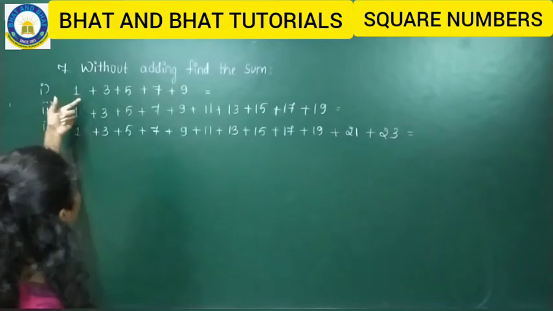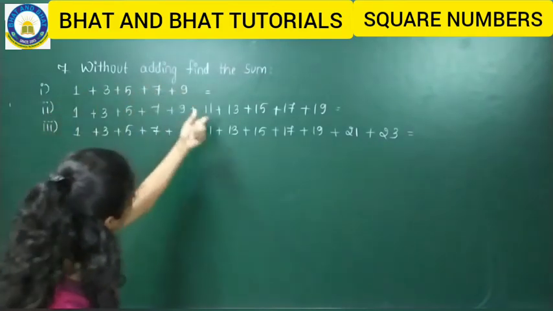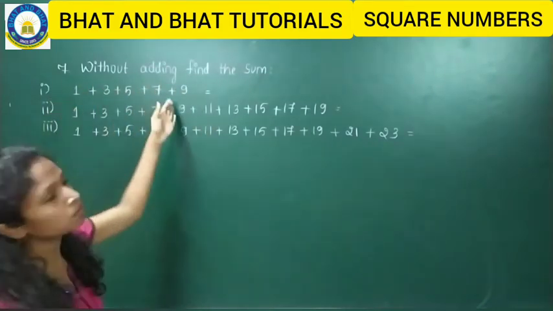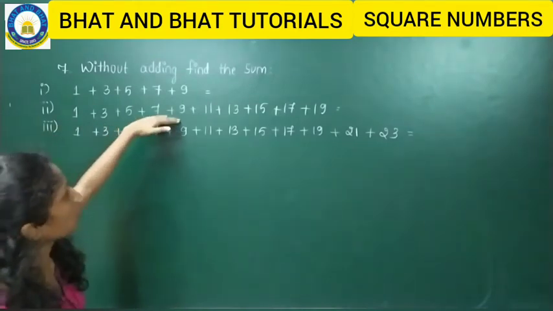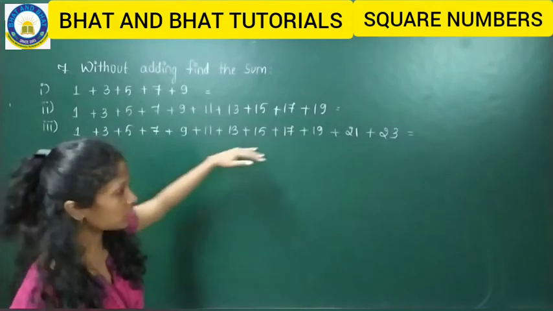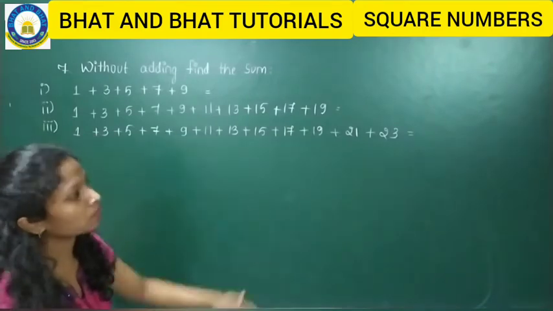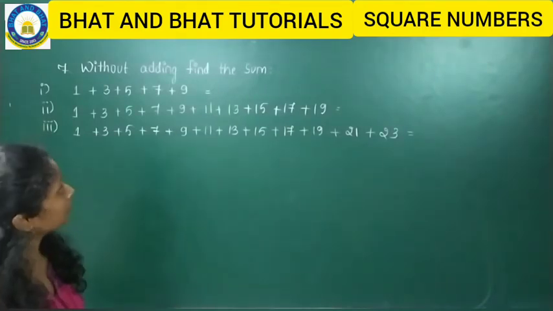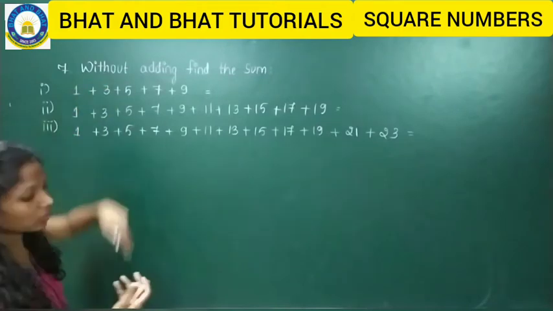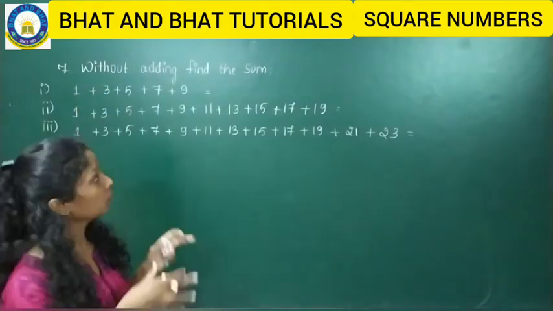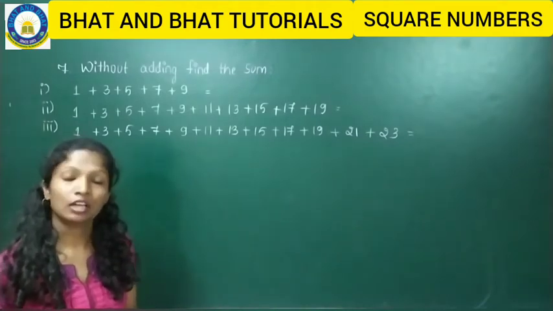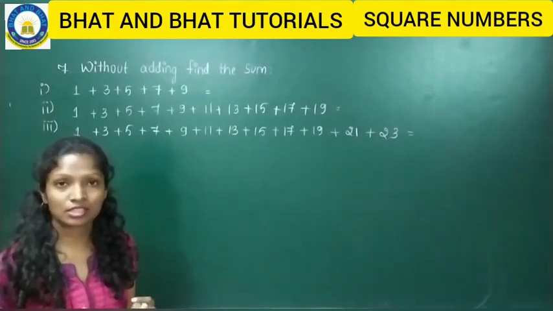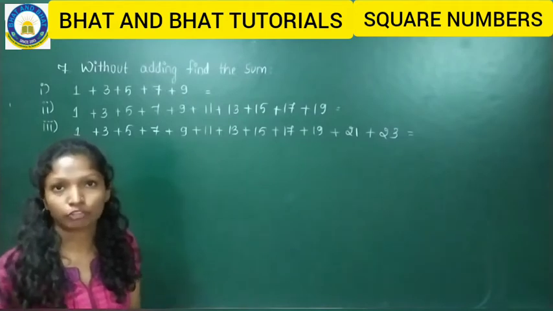In the first one, 1, 3, 5, 7, 9, all are odd numbers. In the second and third questions also, all the numbers are odd numbers. But without adding, you have to find the sum. Ma'am, how can we find the sum without adding? There are some tricks and ways to solve these kinds of problems.